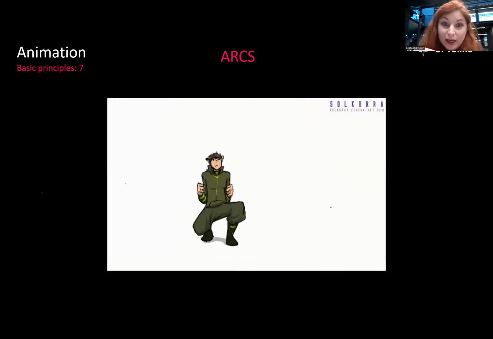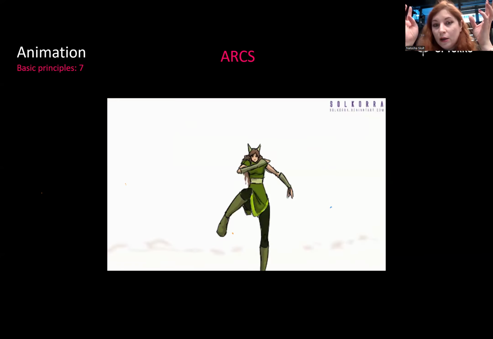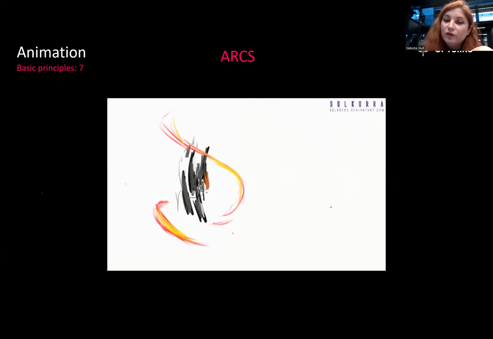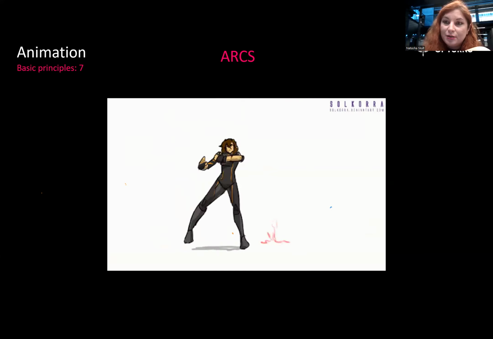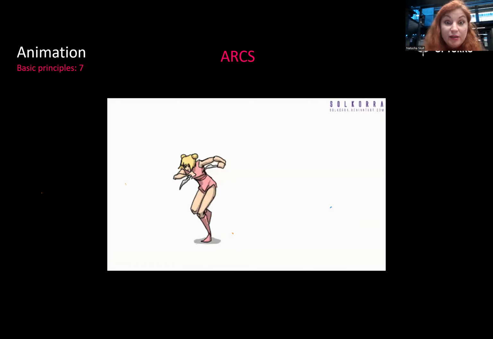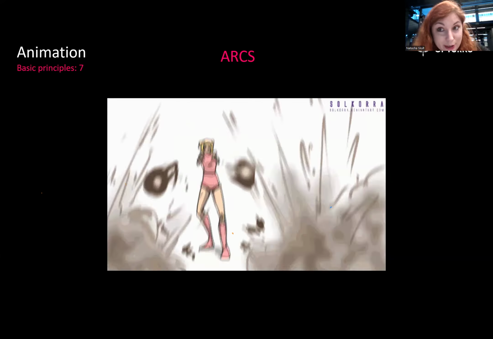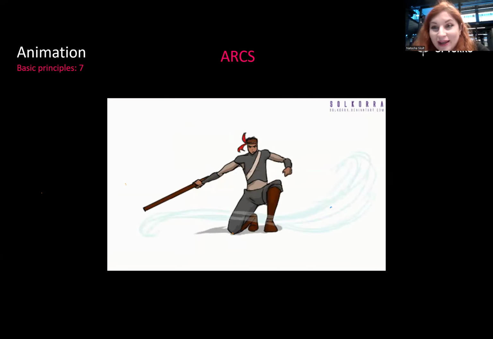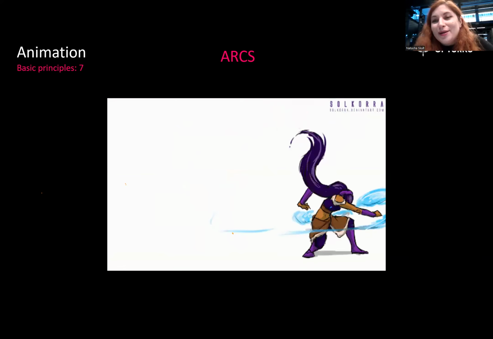So we are tricking the brain into thinking, oh, this is so powerful. If we removed any of these additional spherical elements, it would be a really not so impressive animation. And anime is full of those, and many others.